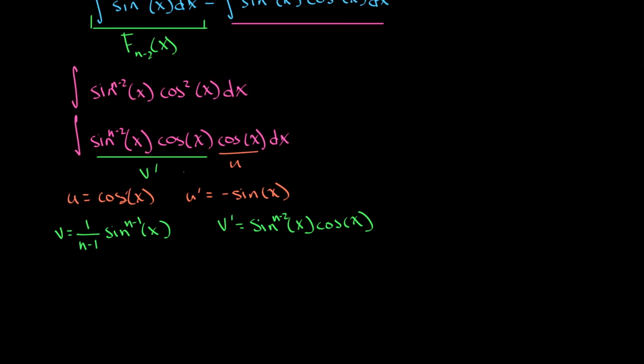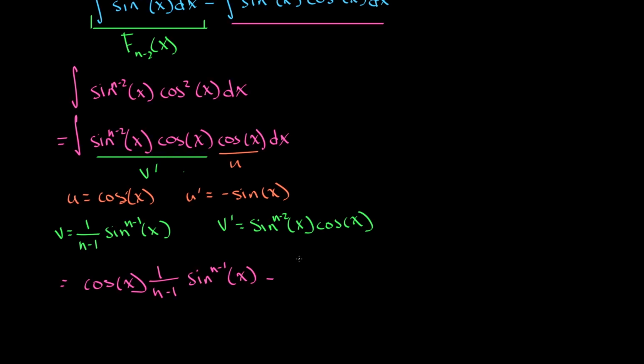Now let's continue to write out integration by parts. And again, this is equal to this integral up here. So we have u times v. I'm just going to leave everything in pink now. That'll save us some time. So we have u times v. So that's cosine of x times 1 over n minus 1 times sine of x to the n minus 1 power.